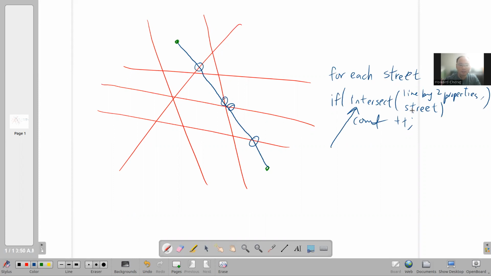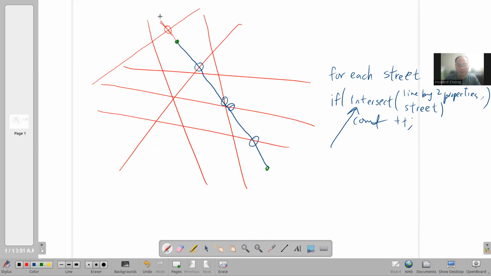Okay, what is the little bit of a problem? The problem is, because we're looking at infinite lines, if there's a street this way, this is going to count as an intersection, because this line extends infinitely.